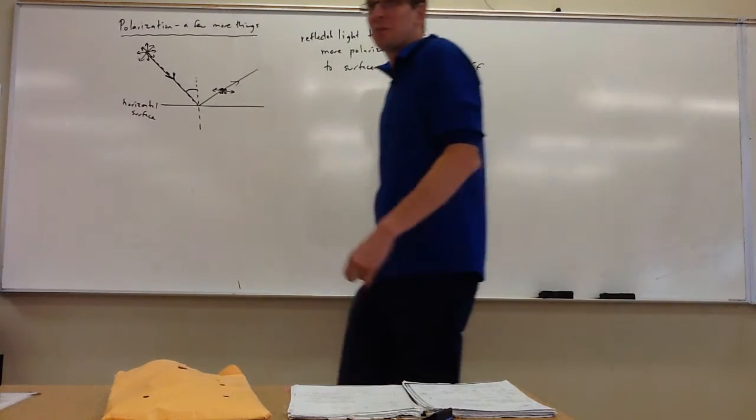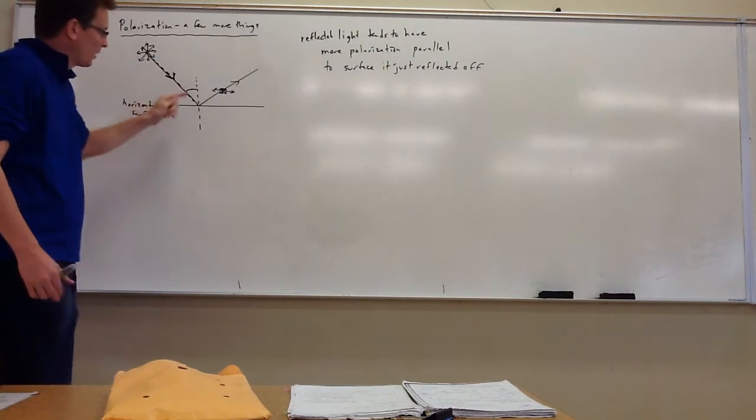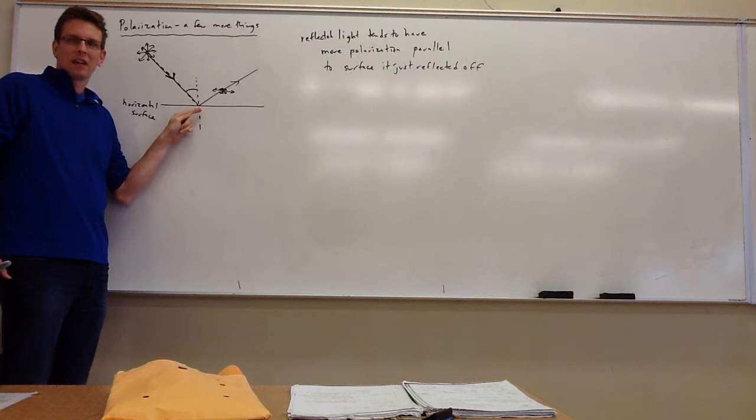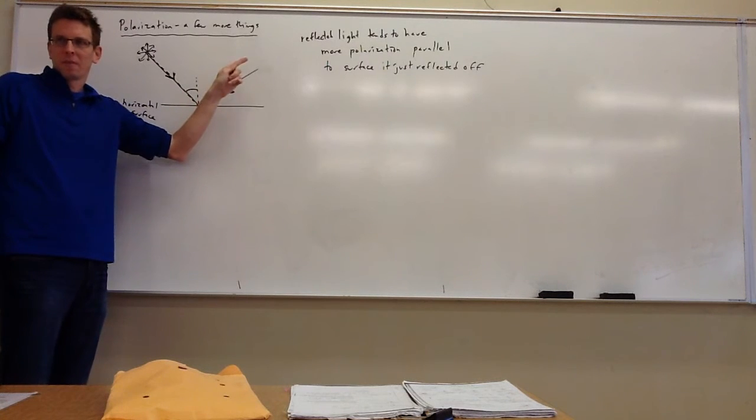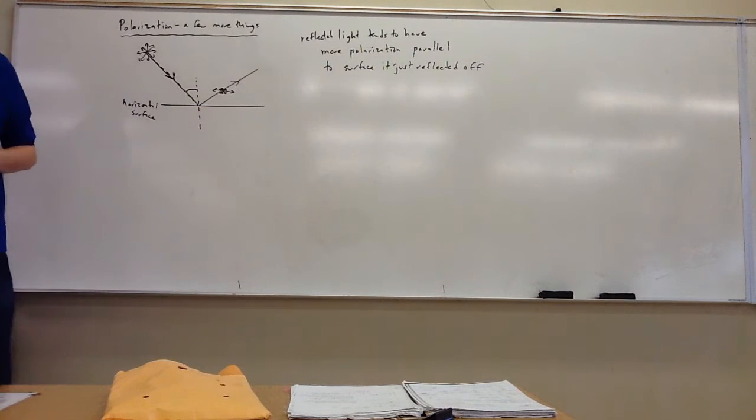Now I guess I can say a few brief words on why that is, if it's helpful. The reason why is that the process of reflection is the process of the electromagnetic waves actually being absorbed by the surface and then put back out by the surface. And so at this point where the light reflected, there's actually wiggling of the charges that are inside the surface, that make up the surface.